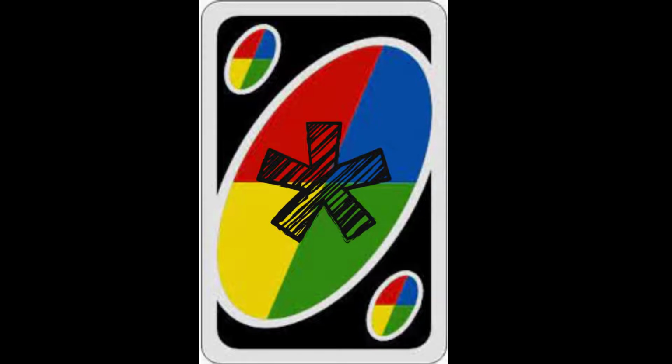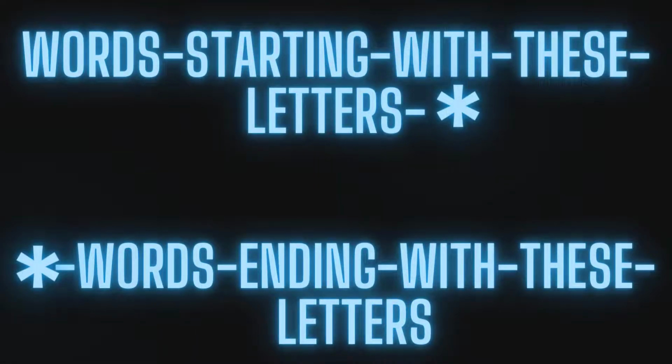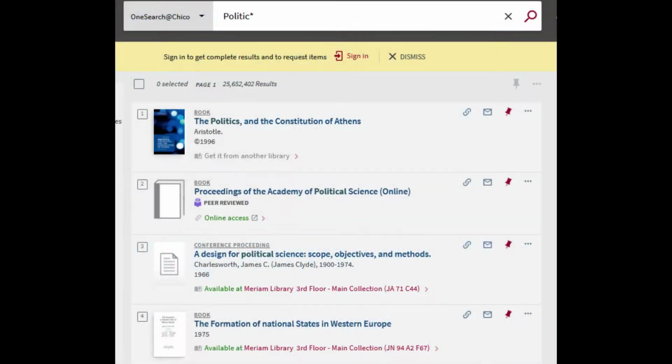Another great tool for searching is called the wildcard. By including the asterisk symbol at the start of a search term, the search engine will look for all words that end in those letters. If you include the asterisk at the end of a search term, the search engine will look for all words that start in those letters. The wildcard is used to search for multiple forms of the same word quickly.